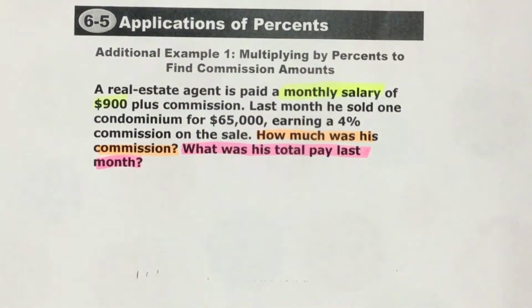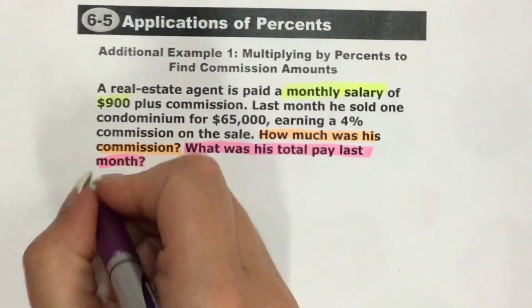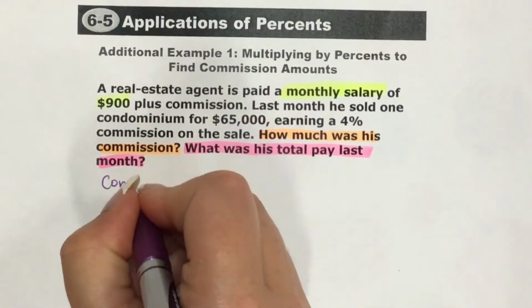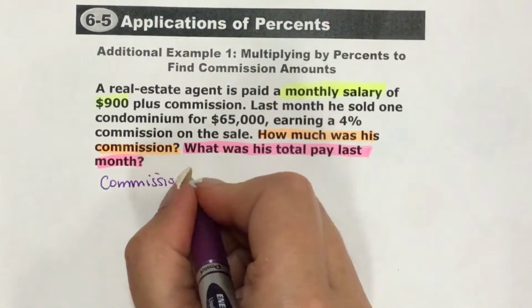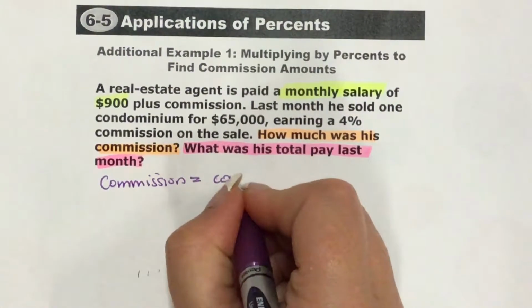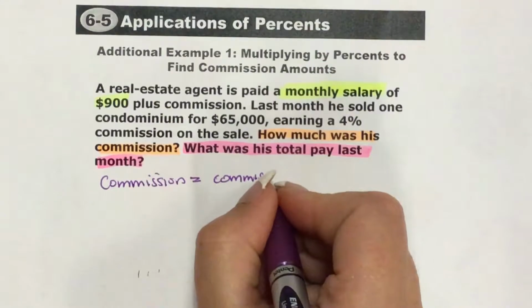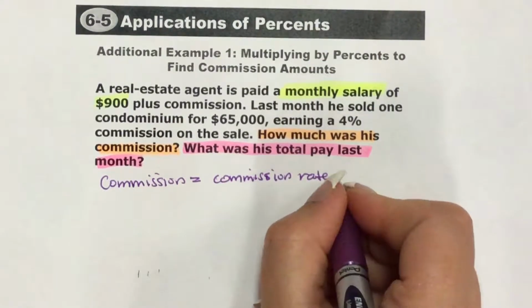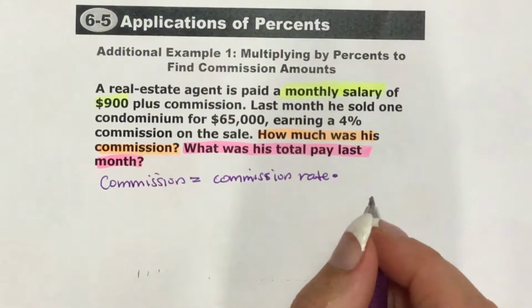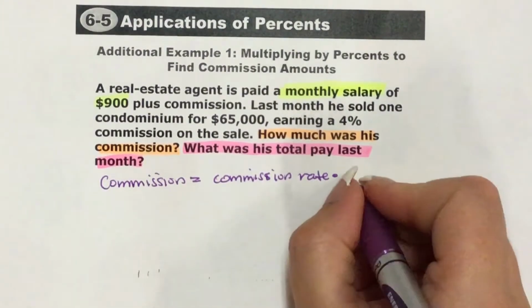Okay, so if we want to determine the commission, the commission is equal to the commission rate multiplied by the sales.